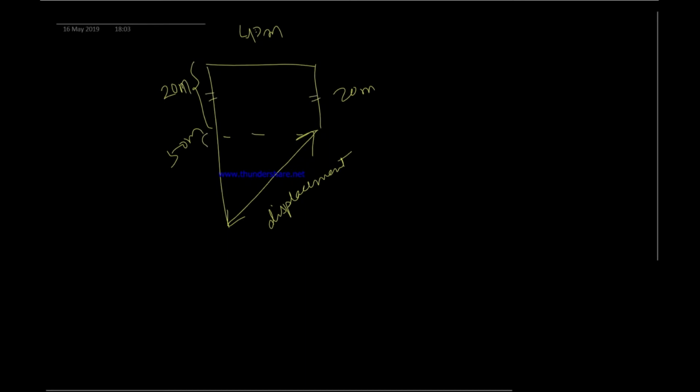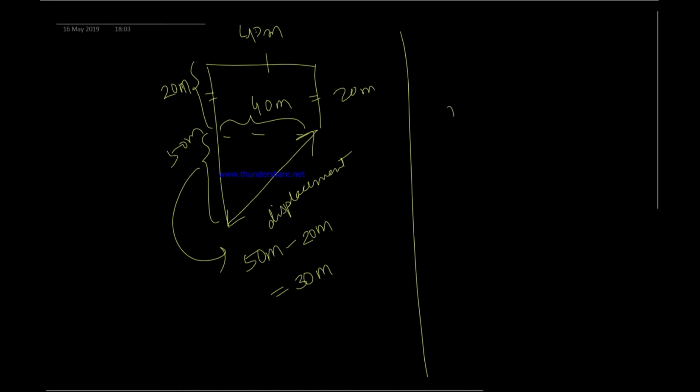And since this is equals to this, and this distance will be, the total distance is 50 meters minus 20 meters equals to 30 meters. And this distance is equals to the distance above it, which is equals to 40 meters.